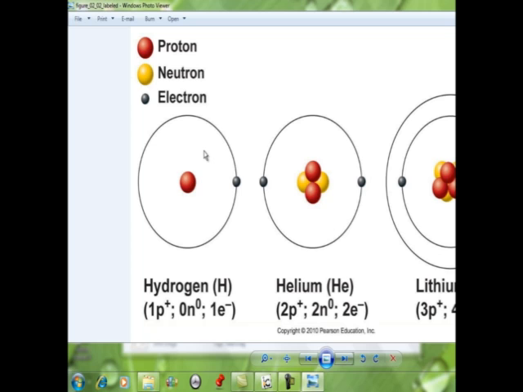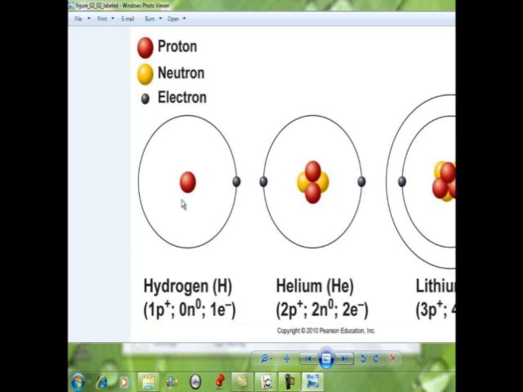How many outer electrons does carbon have? 4. What do they want? Remember the number 8. If I want to be stable, I want to have a full outer shell. And the number is 8.